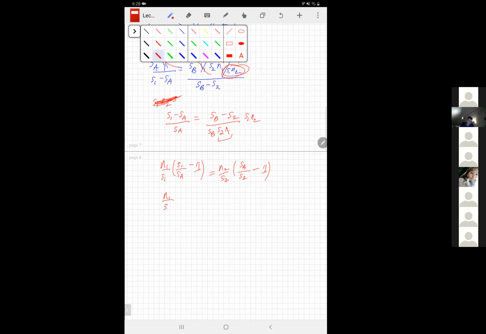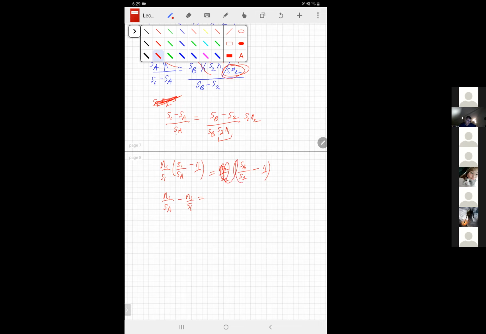N1 over SA minus N1 over S1 equals. When you have the -1, shouldn't it be S2 over SB? Or a 1 over SB? Because when you split it, there's no SB with S2.